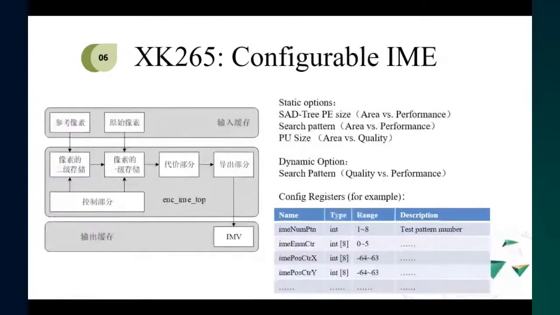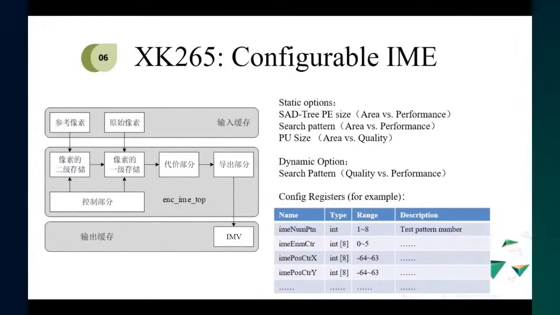And for the RME, for static options, we provide the set tree PE size. You can configure it. It can balance the area with the performance, and also the search patterns, and also the supported PU size.